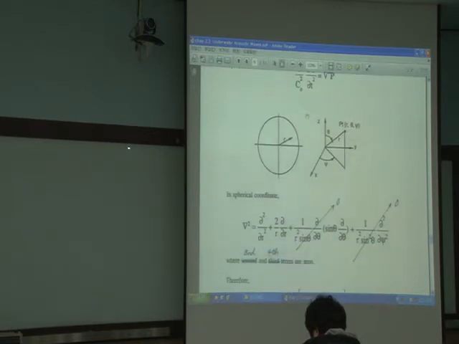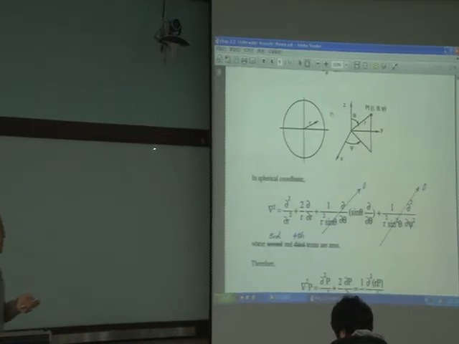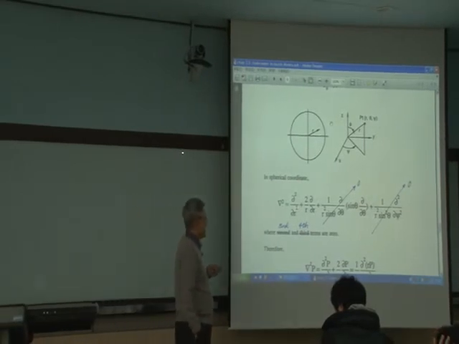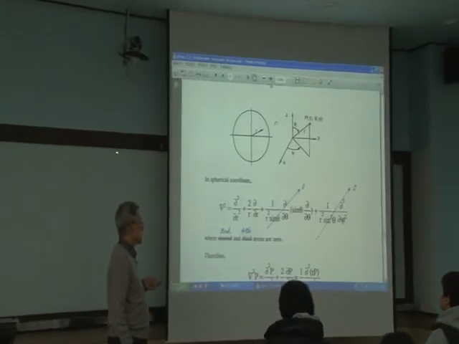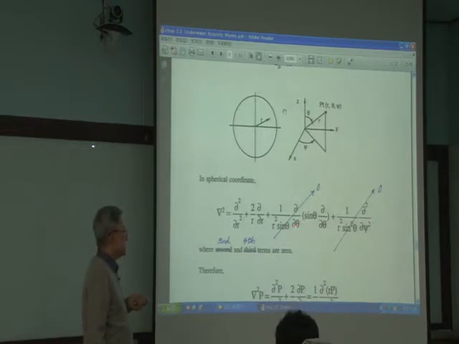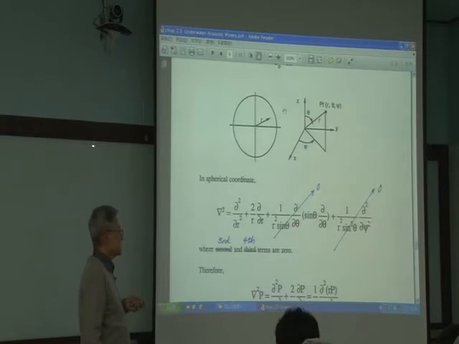If you expand the Laplacian operator, it comes out like this. It has four terms: 1, 2, 3, 4. Except for the first two terms, the third and fourth terms involve partial derivatives with respect to theta and psi.